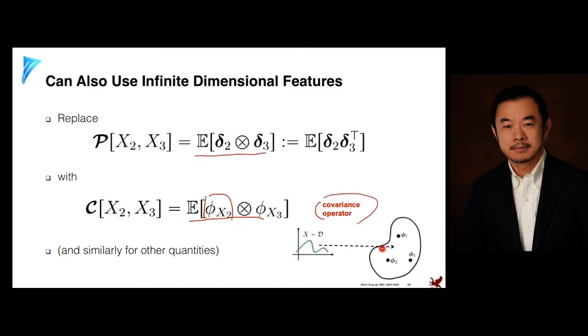And do you actually need to know the embedding itself? Well, since you are working with only the covariance operator, you could define just a kernel directly, which could be an RBF or any other kernel.